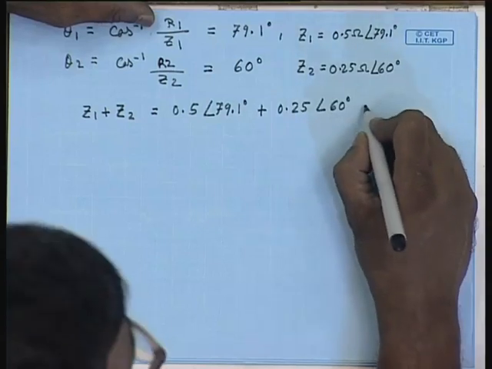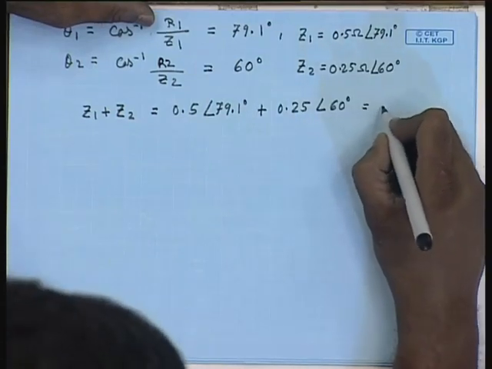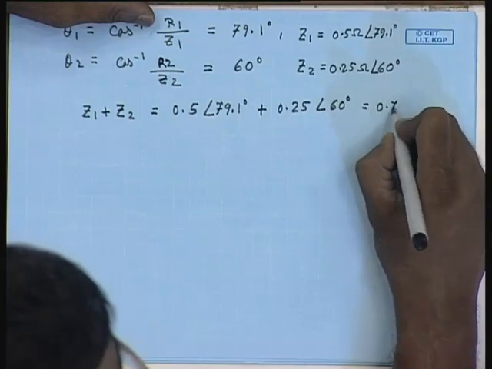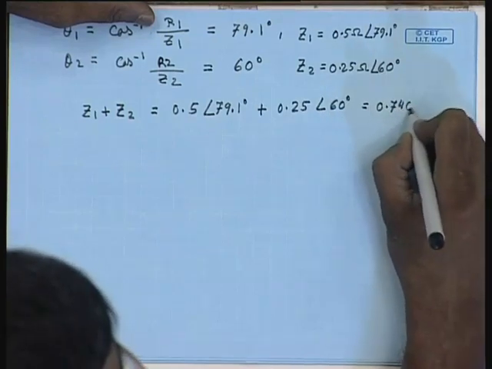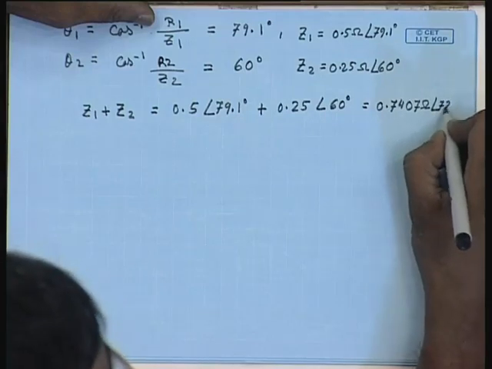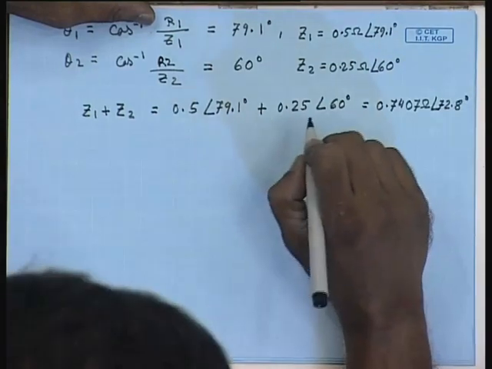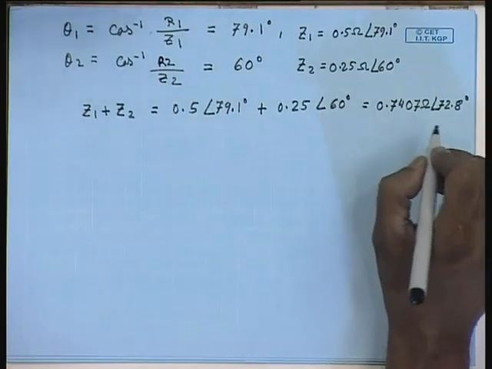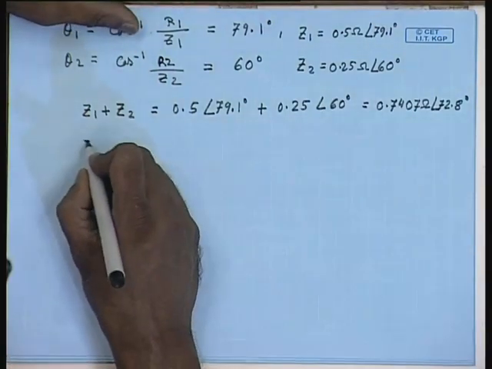This comes to 0.7407 ohm, angle 72.8 degrees. So, what will be the current I1?